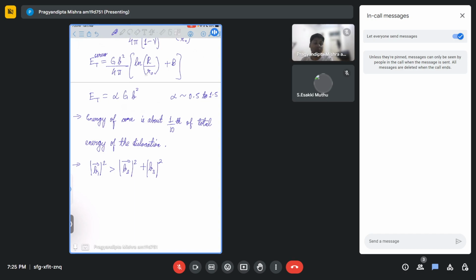Because my total energy is proportional to Burgers vector square. So if the summation of Burgers vectors squared of the branched out system is lower than the Burgers vector squared of the original dislocation, then it will branch out. Okay, so then you will see something like this.